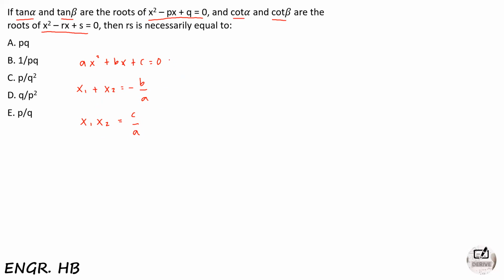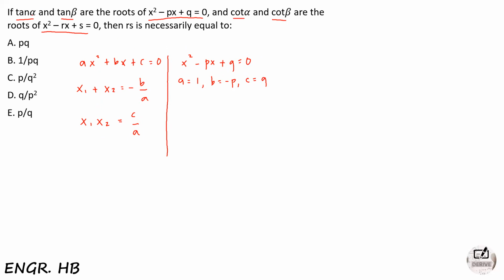Okay, so let's write the two equations. The first equation is x squared minus px plus q is equal to 0. Let's get a, b, and c first. The letter a is 1, b is negative p, and of course c is equivalent to q.